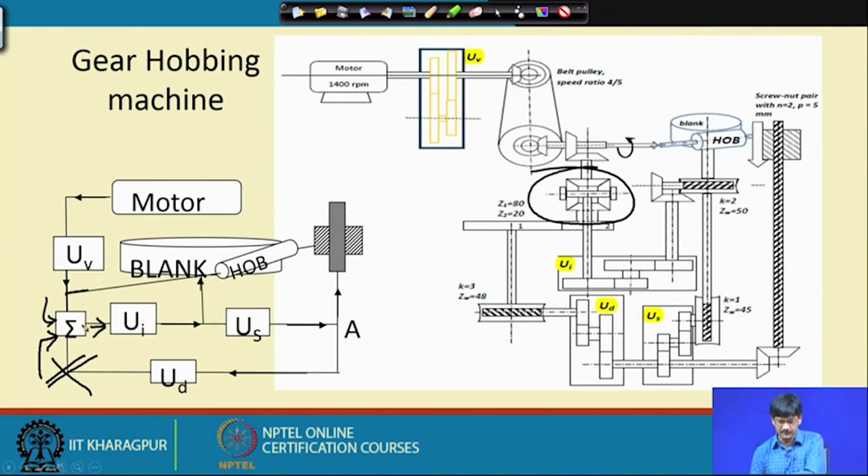So, for the time being, without proof, please accept that this is going to offer half as a ratio in the kinematic chain. Therefore, we can establish it this way: let us say how many teeth we want to cut, to calculate what UI should be. Let us say we want to cut 160 teeth.